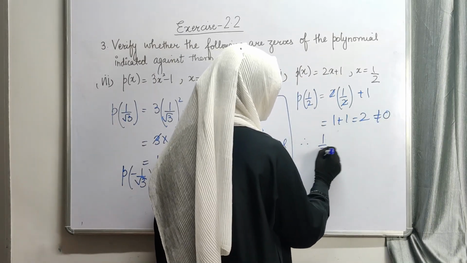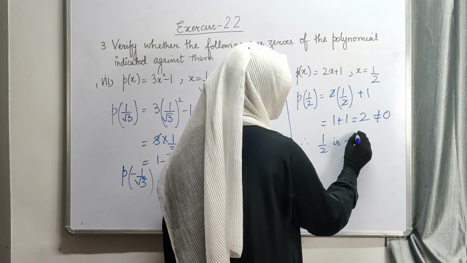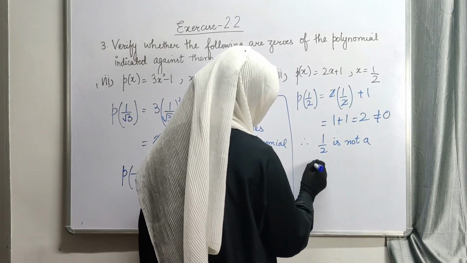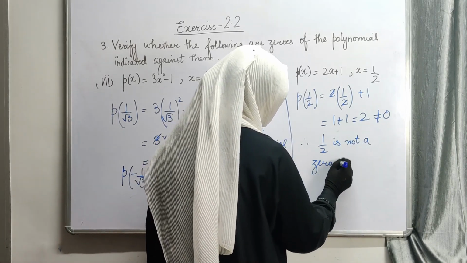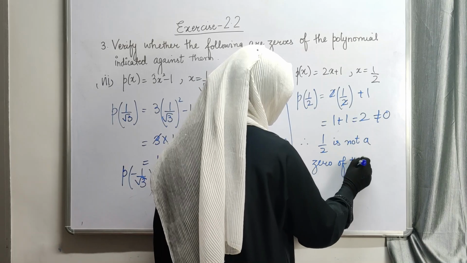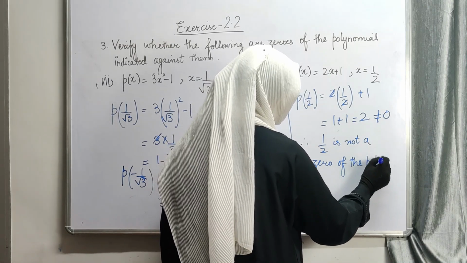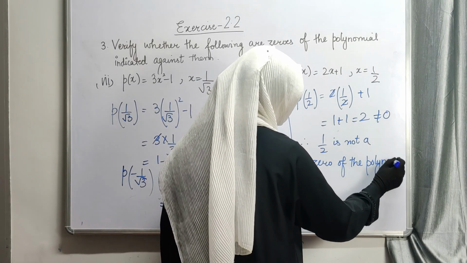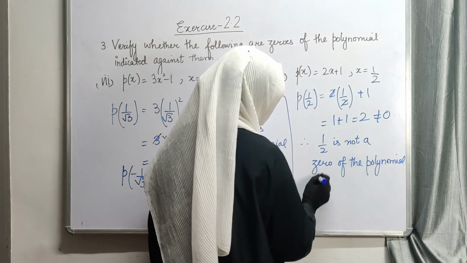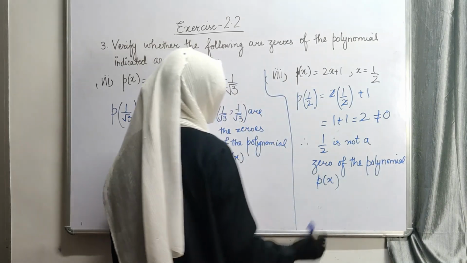Therefore, 1 by 2 is not a zero of the polynomial p(x).